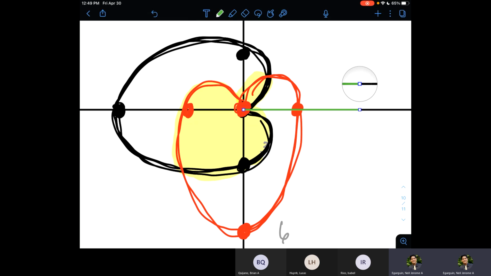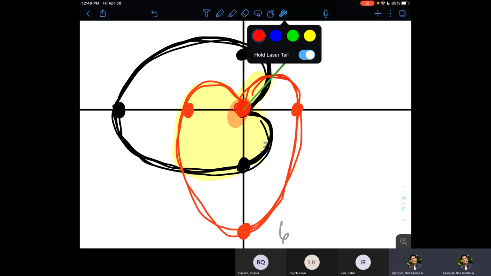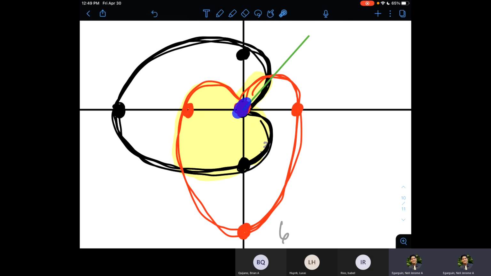From here until there's no region, but it becomes clearer when you're somewhere here. We only have one radius. That radius started from the pole and will end at the black curve, right? And then after the point of intersection, we only have one radius again, but that radius will correspond to the red curve.